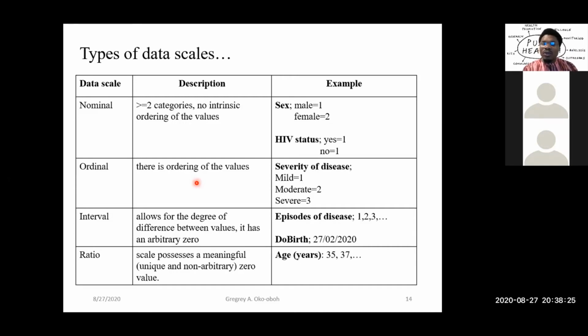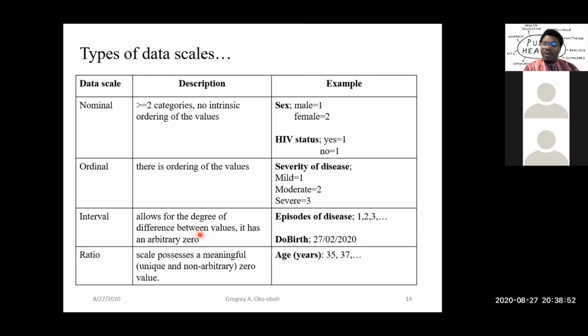So with different scales like that we use in medicine, we measure variables and put them into categories. We do it, but sometimes we don't really know the degree or the amount of difference between one category and the other. But interval scale takes it a little bit further to tell you the degree of difference between two categories.